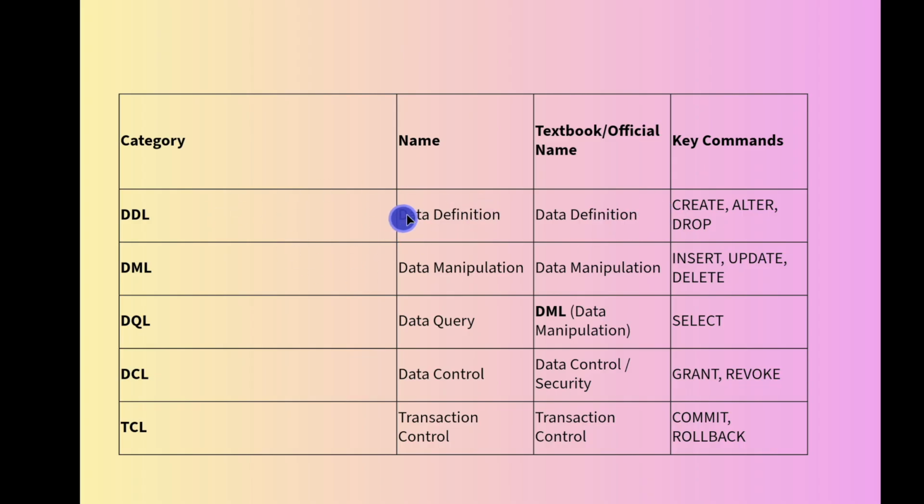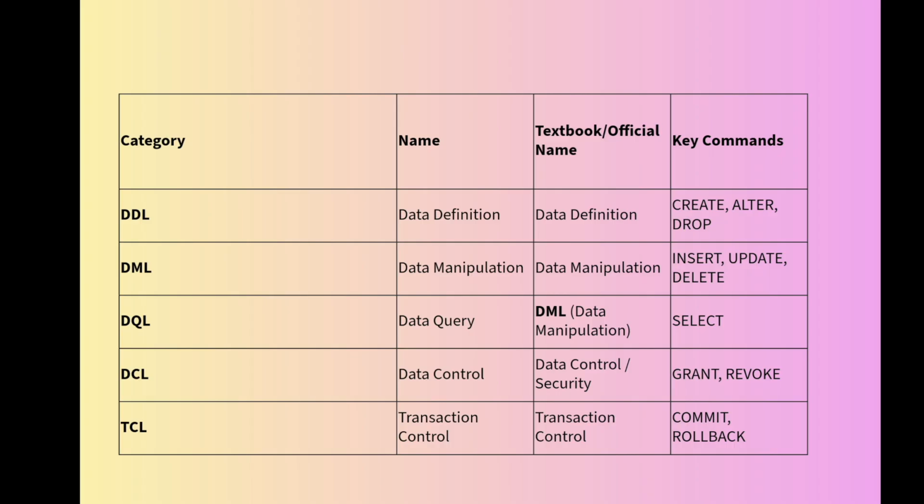So data definition language. When we use SQL, we use SQL for querying a database. A database is where you store all the information. You can store structured data, which has relationships between it.